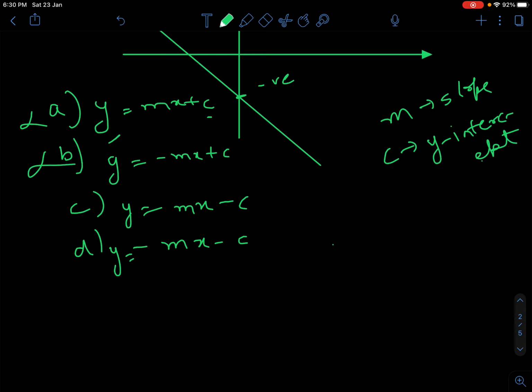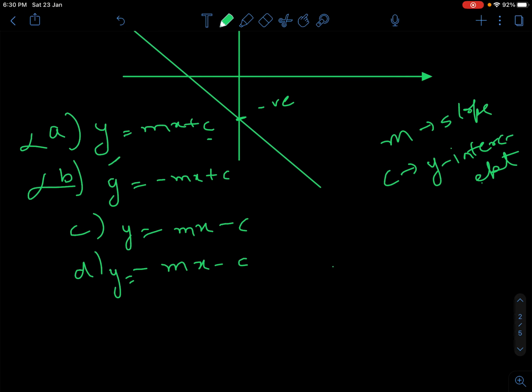Again, when you see the third, the c one, y equals mx minus c. When you put y equals 0, x will be negative, no problem, but if you put x equals 0, y becomes negative. So that means the first one is correct.